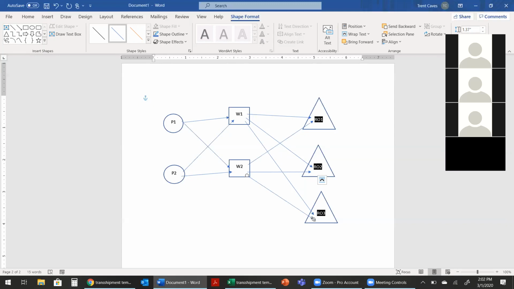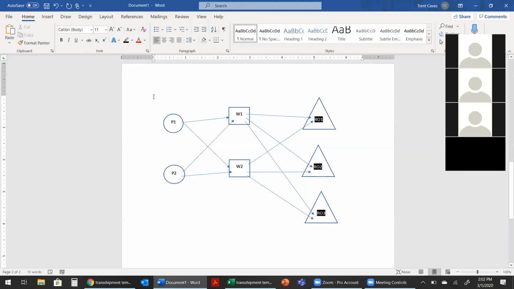The question says to identify the supply nodes, transshipment nodes, and demand nodes. Our plants are our supply nodes. Our warehouses are transshipment nodes. And our retail outlets are demand nodes.